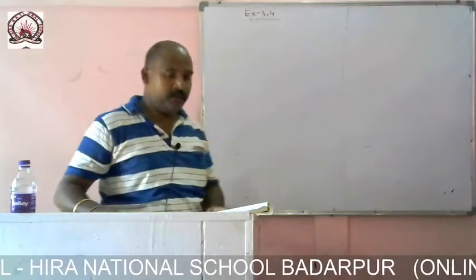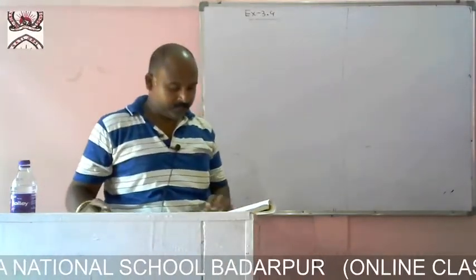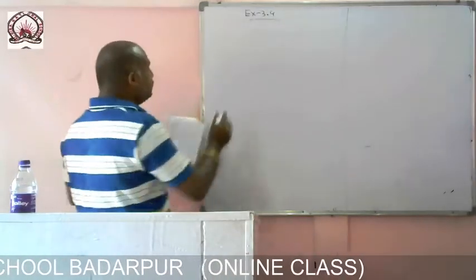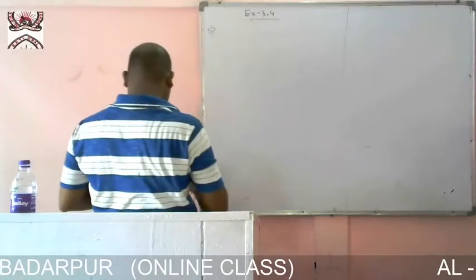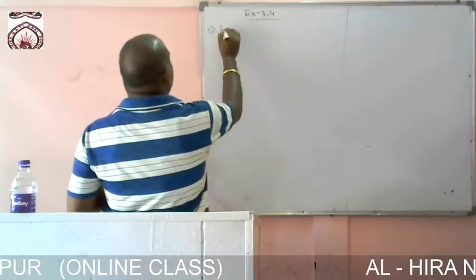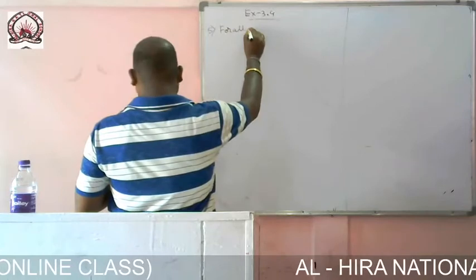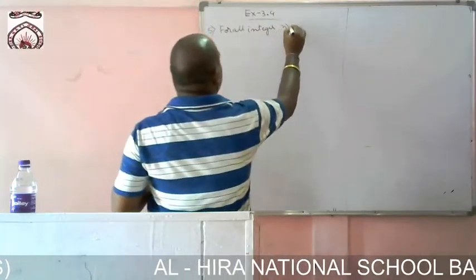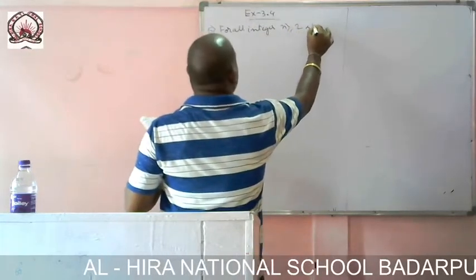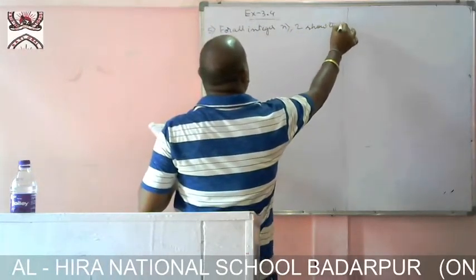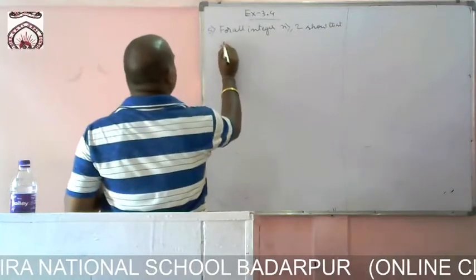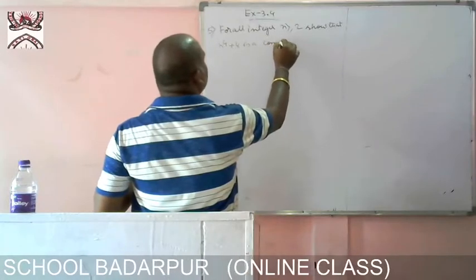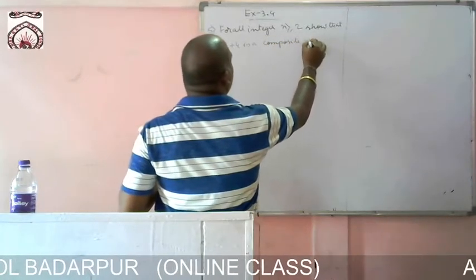Now question number 5. Okay. For all integers n greater than or equal to 2, show that n to the power 4 plus 4 is a composite number.